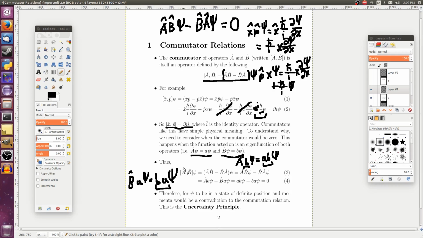So if I try to put it in a state of definite position and momenta, it would need to be an eigenfunction of both.